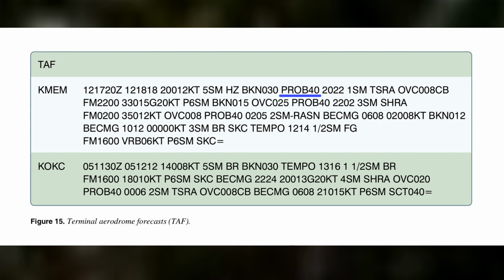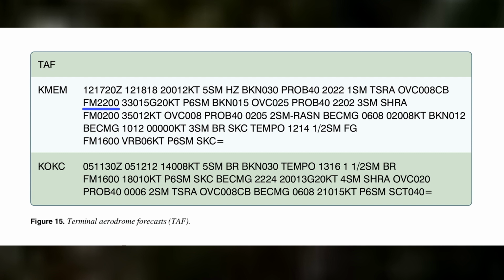So there's a 40% probability that the information you're going to see from this point further is what the forecast holds. The next one down here, you see FM stands for from. So they're saying from 2200 hours, this next string of data is going to be what holds true.